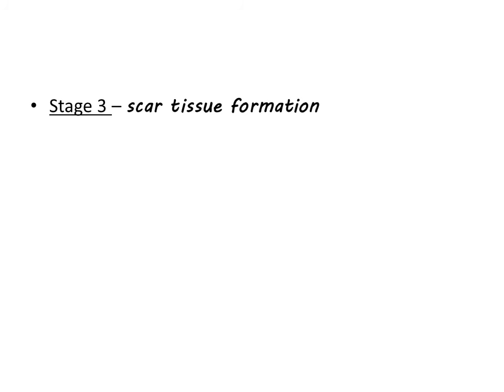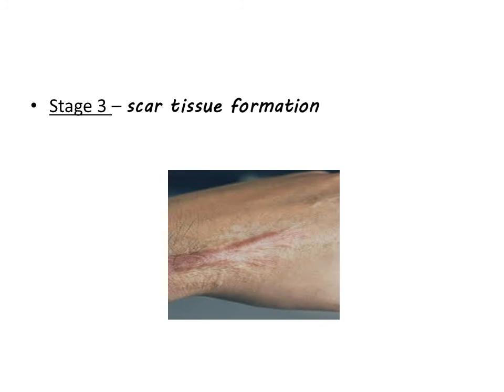The next one is stage 3. This is almost like the inflammation has reached the final stage, or the inflammation has been completely cleared, almost the healing phase, we can say. So there will be scar tissue formation. Once the scar is formed, you can see in the picture, this is how it looks.